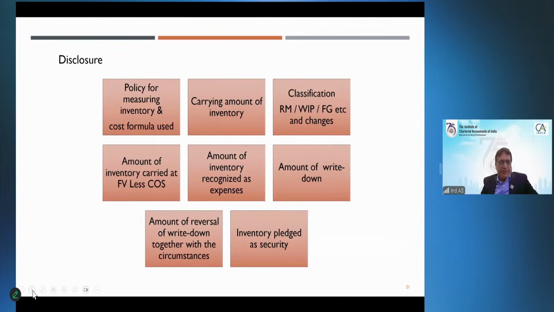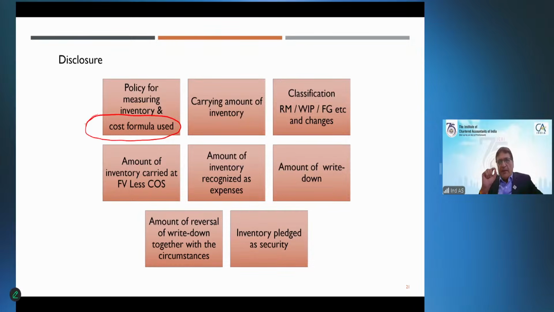Now, disclosure. Normally, what I found, disclosure with regards to inventory is reasonable in all balance sheets, as per my experience as a reviewer. But broadly, the basic deficiency I found is the cost formula. So just pay attention that the cost formula is disclosed.